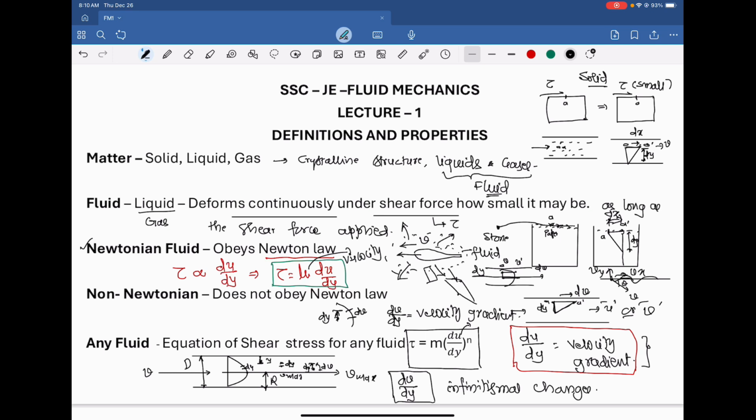The equation for shear stress tau is equal to m into du by dy to the power of n. This is the general equation. Please remember it. If n is equal to 1, it is a Newtonian fluid; n not equal to 1, non-Newtonian fluid.